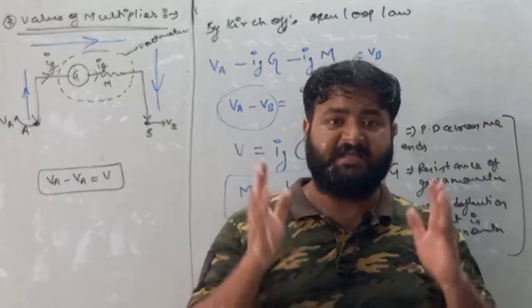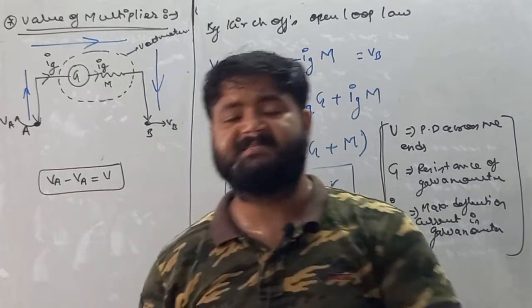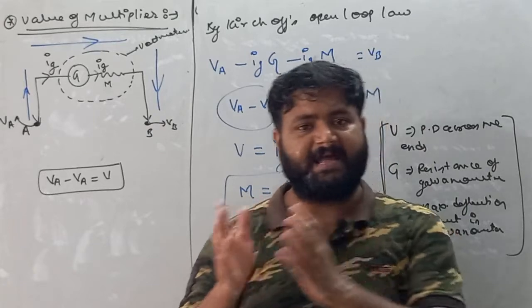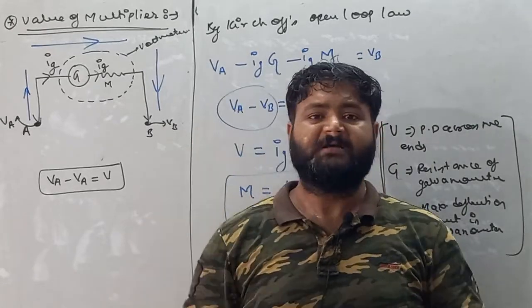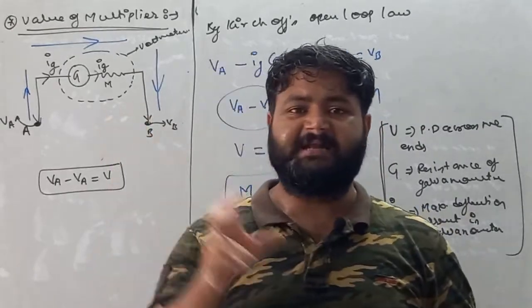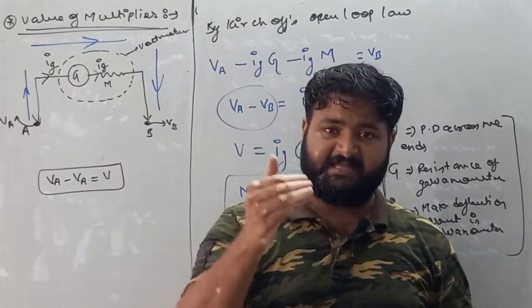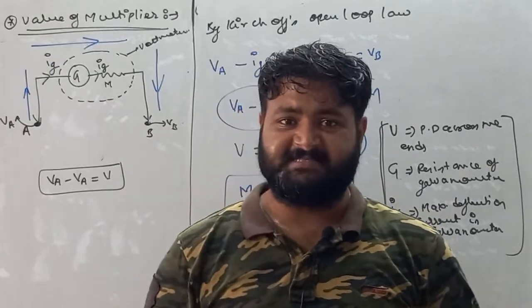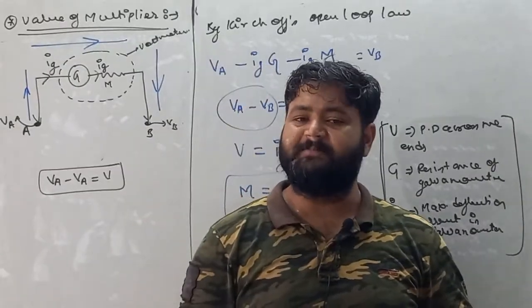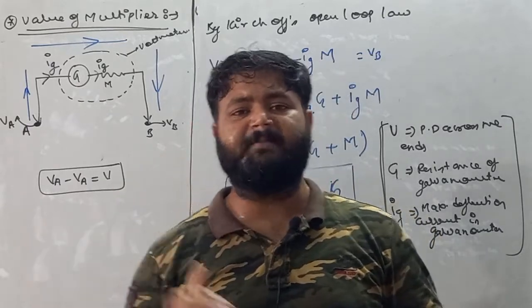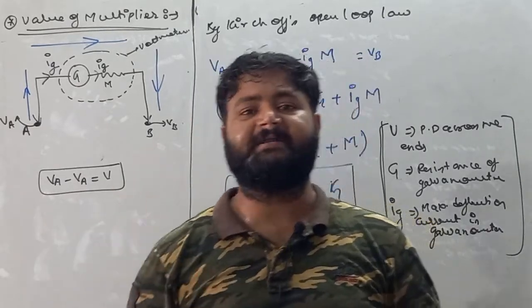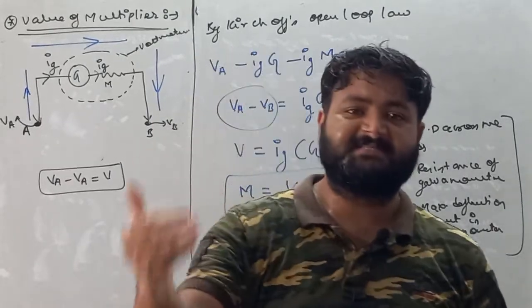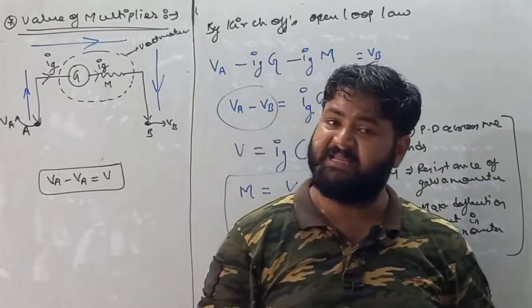The primary device is the galvanometer, and with its help we make an ammeter as well as a voltmeter. For an ammeter, we connect a small value resistor in parallel so that net resistance decreases. For a voltmeter, we make a series combination of the galvanometer with a high value resistor called a multiplier, so that net resistance increases.